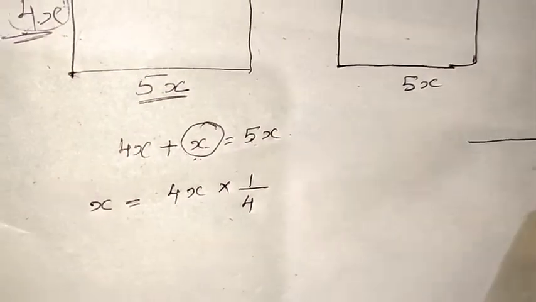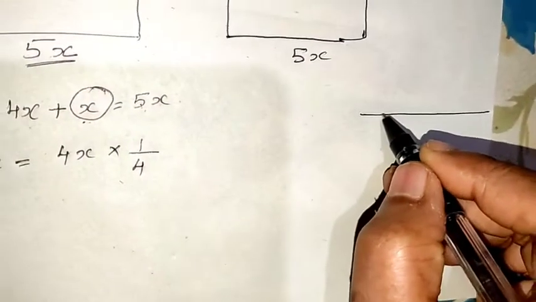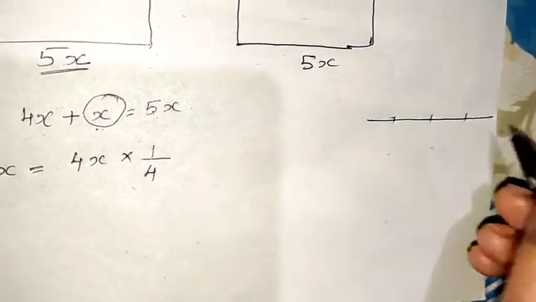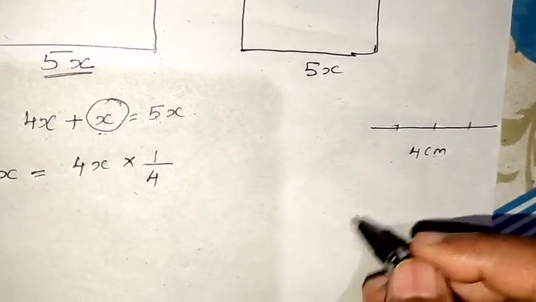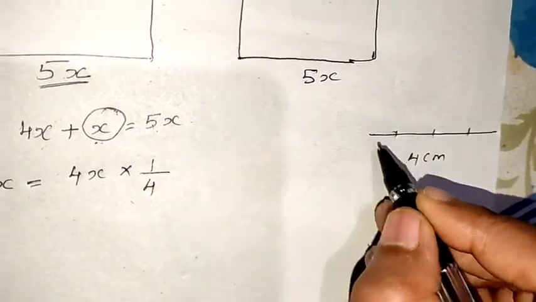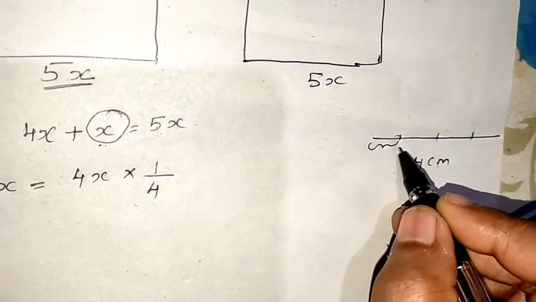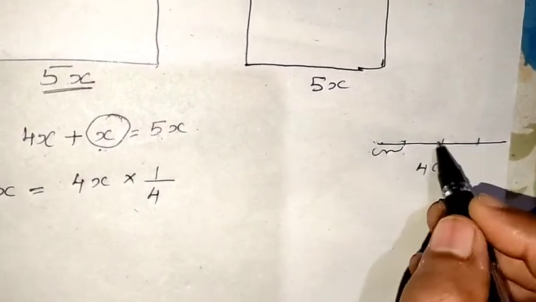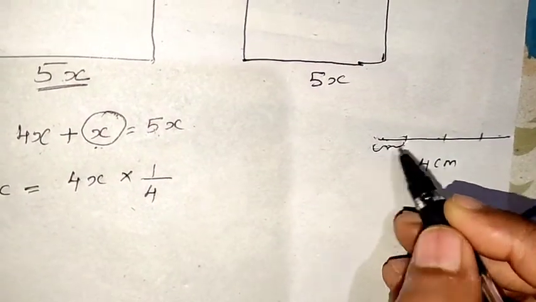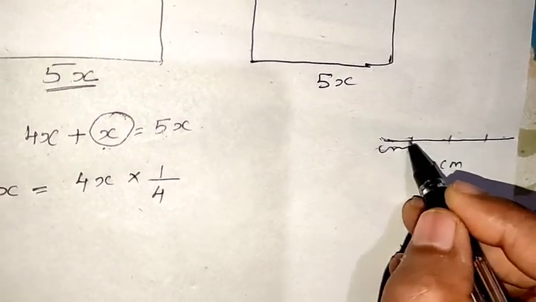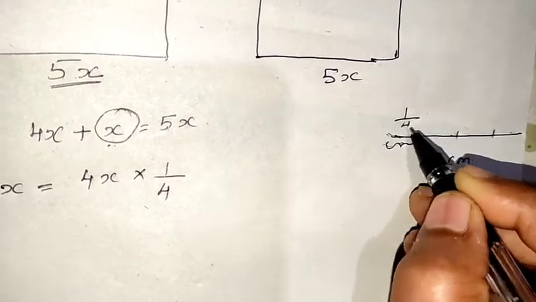Suppose this one is 4 centimeters. We can divide this 4 centimeters into 4 equal parts. Then what fraction is this one? This is 1 centimeter. This is actually 1/4, no?